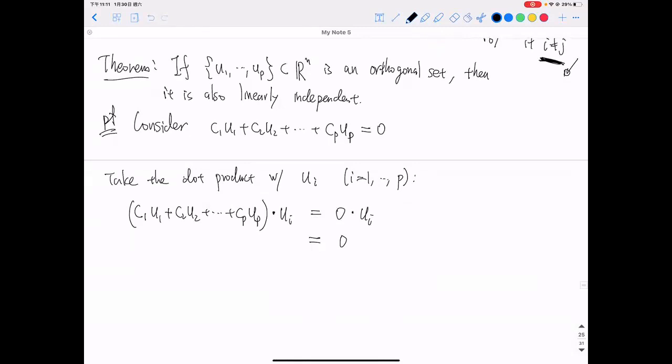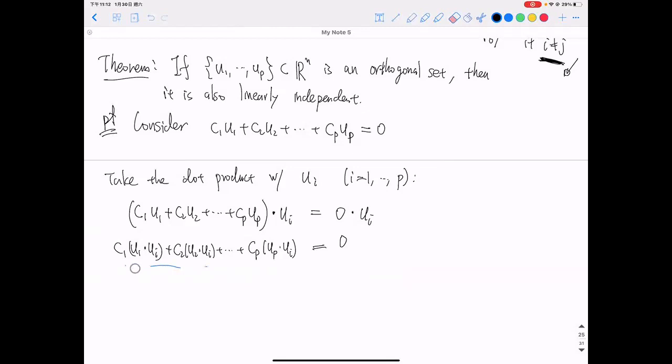On the left-hand side, we're going to use the distributive property for the dot product to write it as C1 U1 dot UI plus C2 U2 dot UI plus stuff plus CP UP dot UI, and that's still equal to 0. Now, over here on the left-hand side, all the terms are 0 except for the ith one.